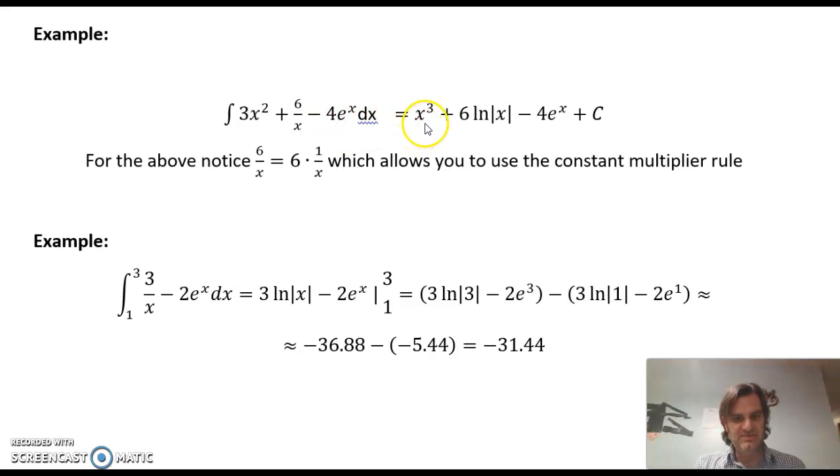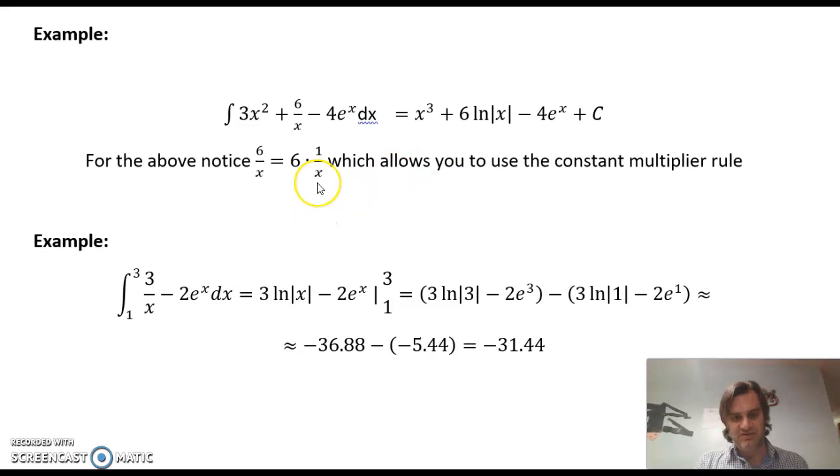The exponent increases to 3, and we divide by the 3, the coefficient cancels out, so we just get x cubed. The 6 over x. If you separate that and pull the 6 to the side, the 6 can be a coefficient, and it's 6 times 1 over x. So if we use that constant multiplier rule, that means that the 6 just stays there.